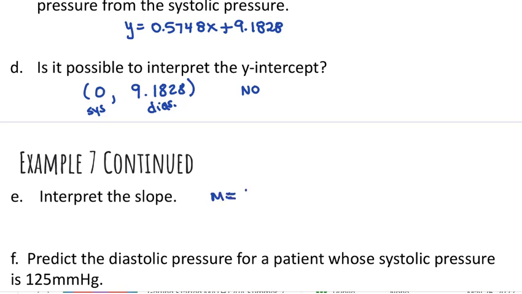The slope is a positive 0.5748. So what that's telling you is the top number is the x and the y is the diastolic.